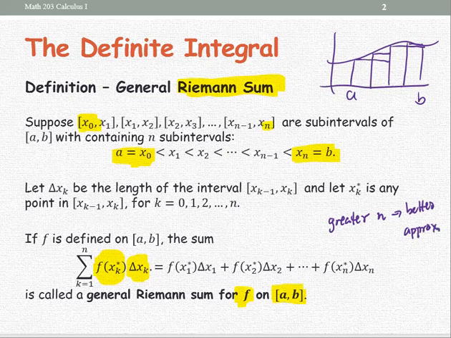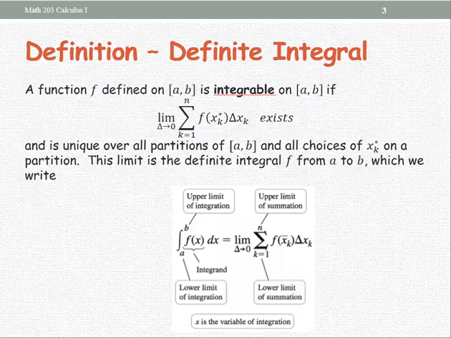Okay. So the ideal situation would be taking the limit as n approaches infinity. So we assume that we break it up into infinitely many subintervals. If n approaches infinity, think about the width, which is delta x, calculated by b minus a divided by n.